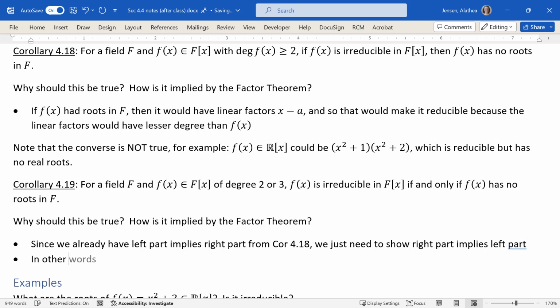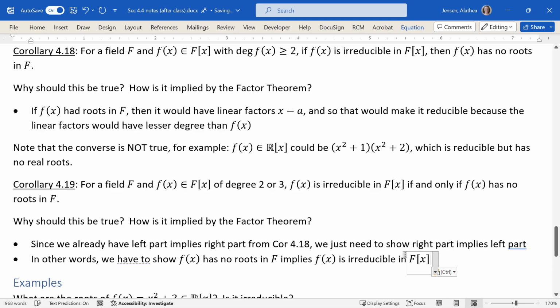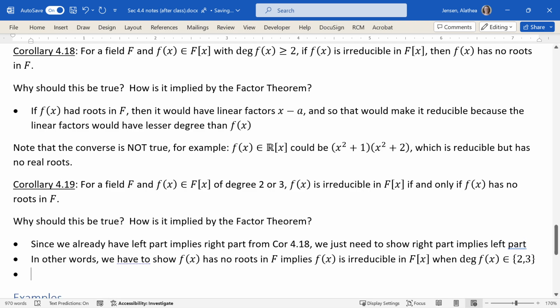In other words, we have to show or justify that f of x has no roots in F implies f of x is irreducible in F[x] when the degree of f of x is 2 or 3. And so actually I think this is easier to do with the contrapositive as well.